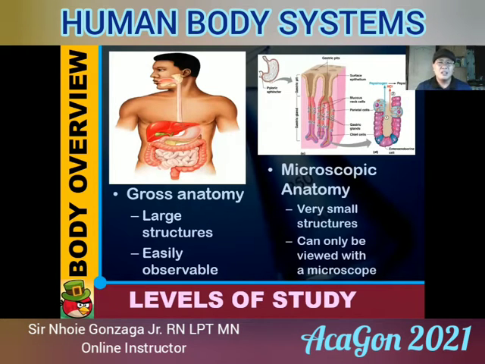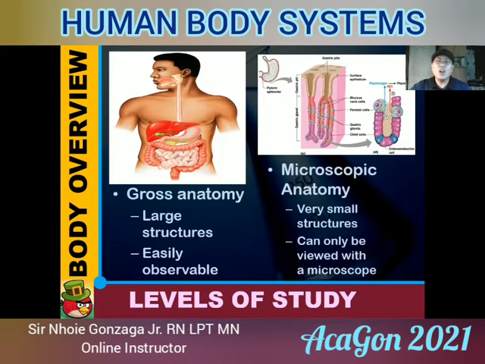Now, let us discuss the two levels of anatomy. You have the gross anatomy and the microscopic anatomy. When you say gross anatomy, gross as a word means big, large, or shall we say massive.